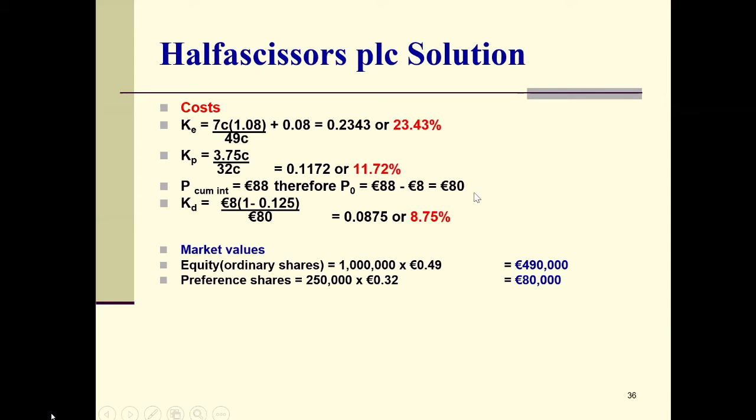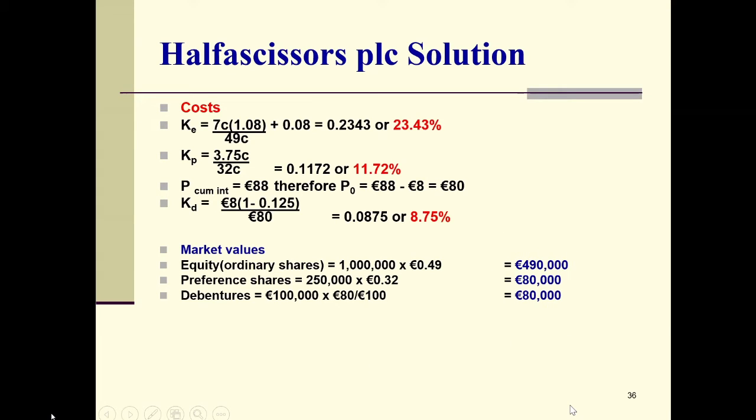You just put that over 100 and multiply by the 100,000. So that's a bit different now. So the debentures, what's the balance sheet figure? How much did they borrow? 100,000. What's it trading at? 80 euro, or if you like, 80% of the original. It's like if the company wanted to buy back its debt and cancel its debt, it wouldn't have to hand over 100 grand, it'd just hand over 80,000. That'll buy all the debentures out there on the stock exchange. So that's the market valuation.